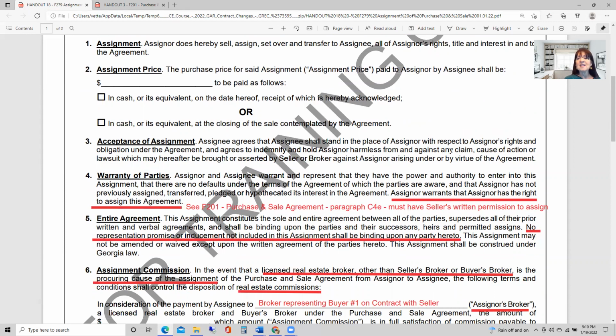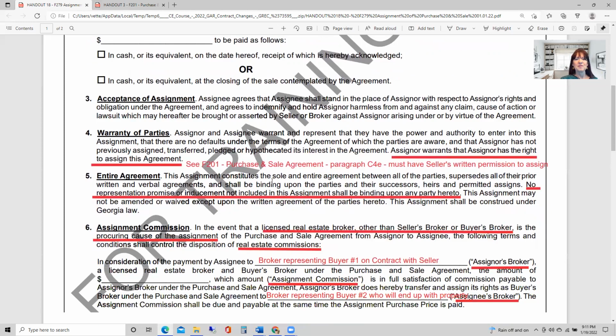So in essence, the investor or assignor or buyer A is selling their position in this binding contract with a seller to the assignee, and they can sell it for whatever price they negotiate with the assignee or buyer B. This price has nothing to do with the purchase price that the seller is going to get. This is just the cost of selling their position as the binding buyer in the contract. And then it talks about if it's in cash or the equivalent.